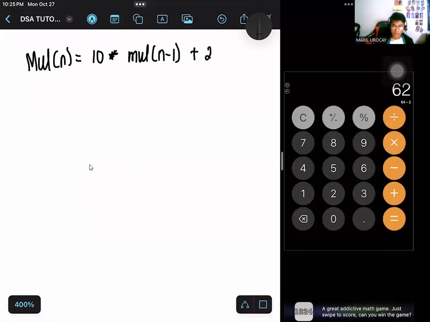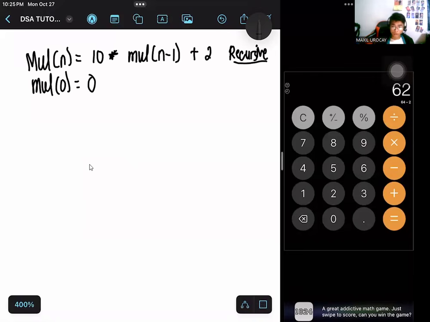Say for example, this is our recursive case. Now, our base case is if mul of 0 is equal to 0, therefore it will become 0.